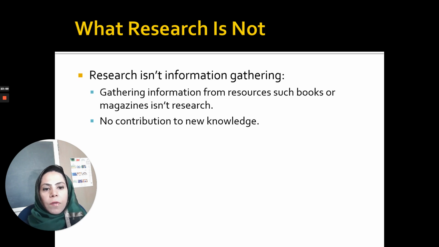So if you're merely going and gathering information, वो research constitute नहीं करती. क्यों? क्योंकि वो information तो gather हो रही है और आपके लिए तो है, लेकिन knowledge पहले से exist करता है, and that gathering of information does not contribute towards overall increase of that knowledge. कोई नया knowledge नहीं आपने produce किया. You just gathered that information that already was present, अगर आपने उसे critically analyze नहीं किया.